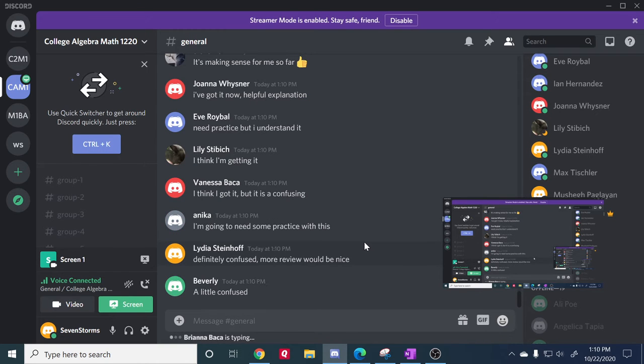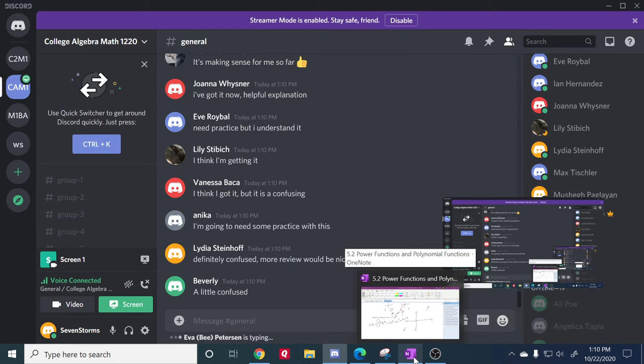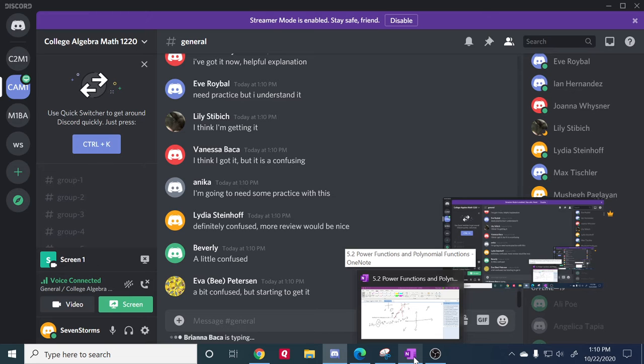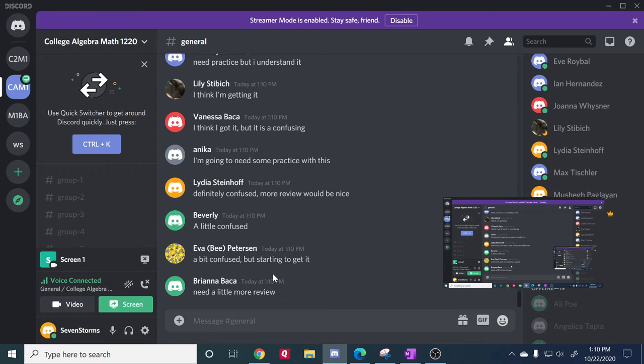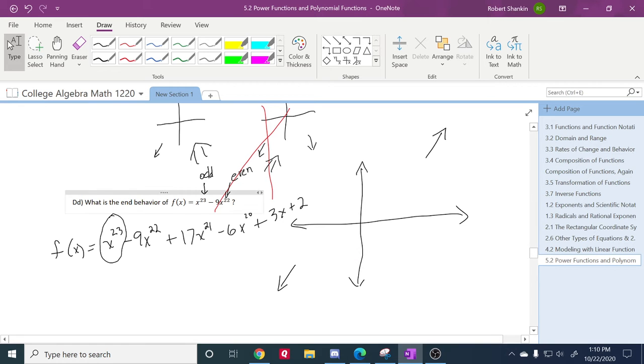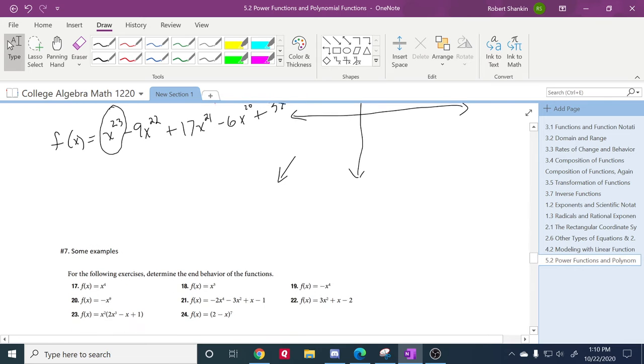Okay, so there seems to be some basic understanding, but also some confusion and needing some more repetition. We'll give you more repetition. I think "a bit confused, but starting to get it" seems to capture it pretty well. So, some examples.